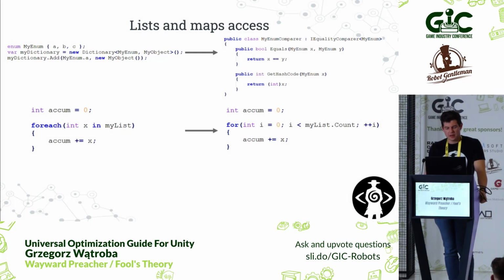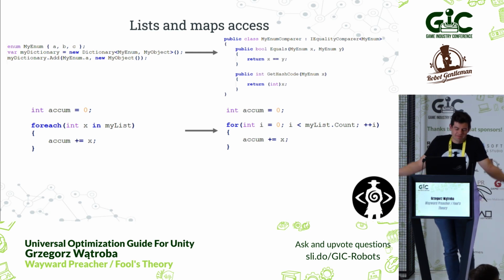Lists and map access, also this is connected with boxing. When you're using large dictionaries and do it often, create your own comparer which won't produce new objects. Also, this might be, of course, controversial. Some might say there was a fix for foreach, I think the most beloved way to traverse the collections. But still, officially in the Unity documentation, they do not recommend using it.